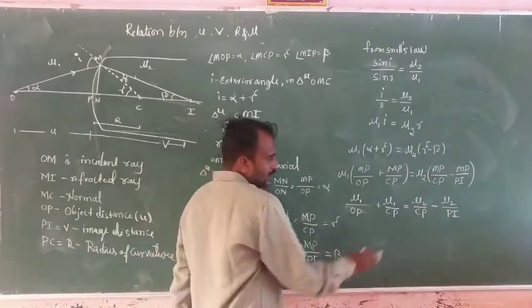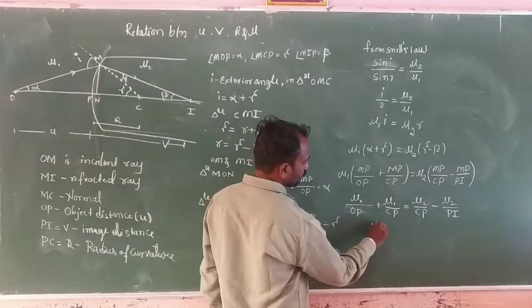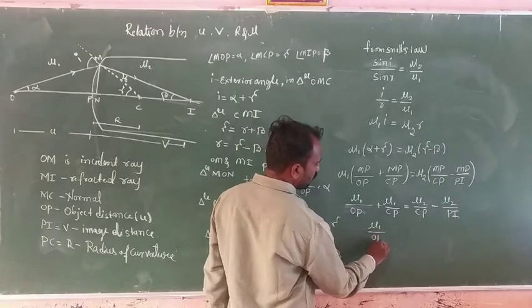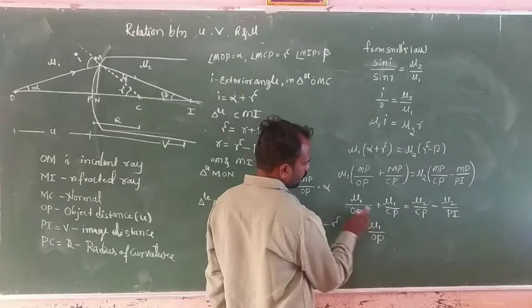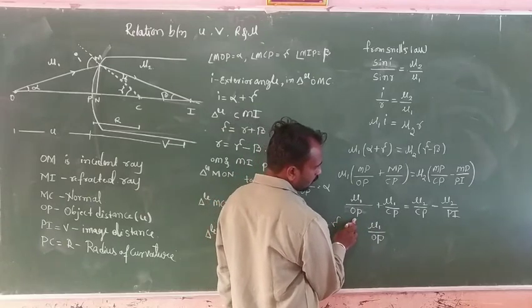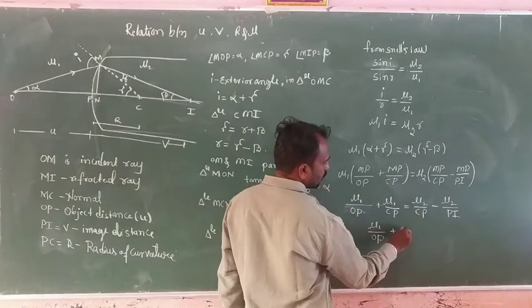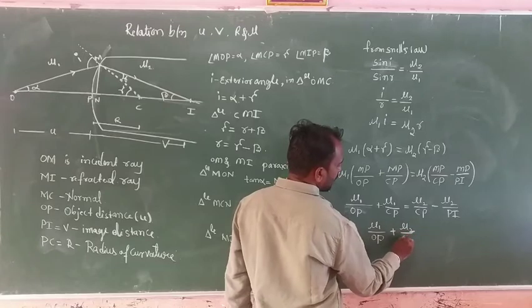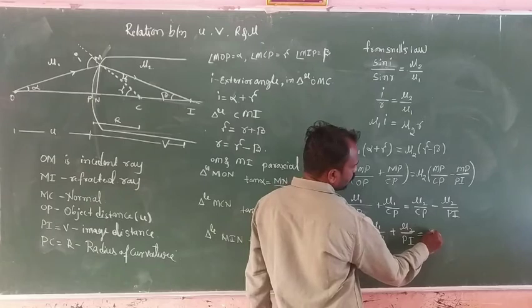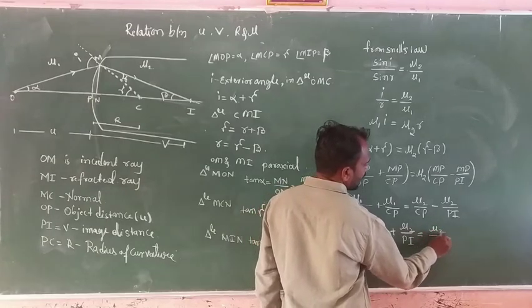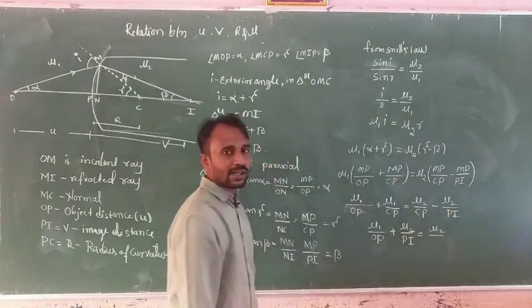Just interchange this equation: mu1 divided by OP plus mu2 divided by PI is equal to mu2 divided by CP minus mu1 divided by CP.